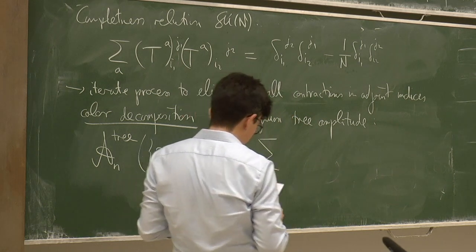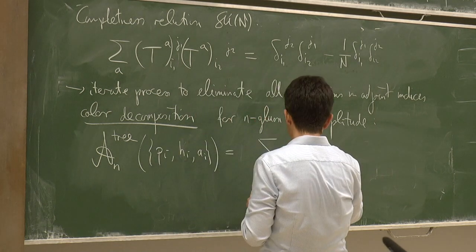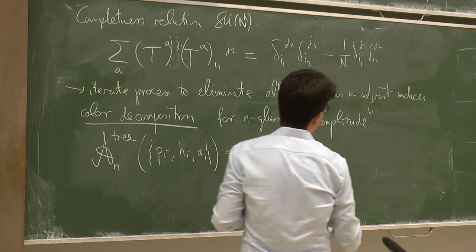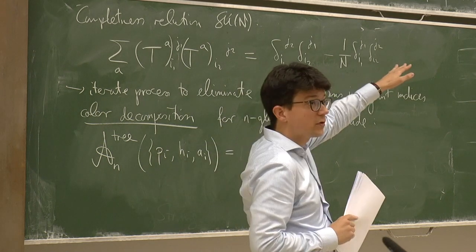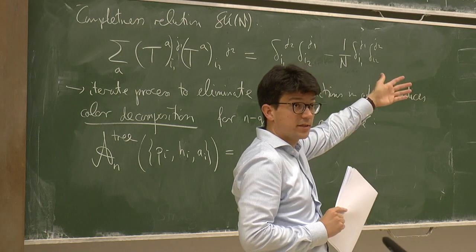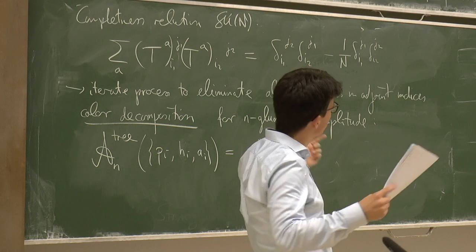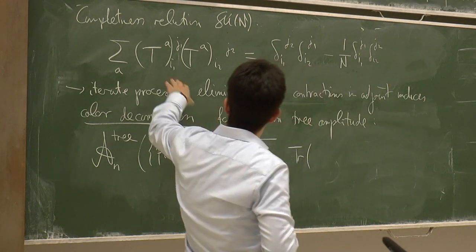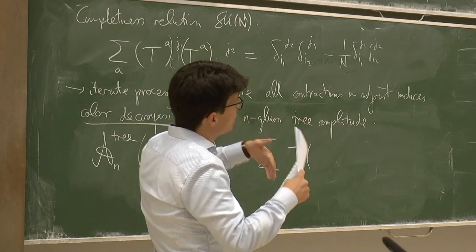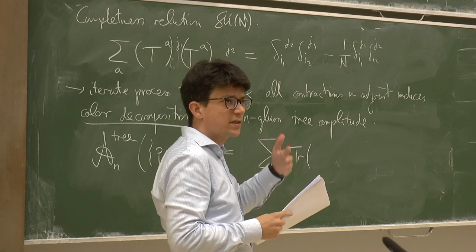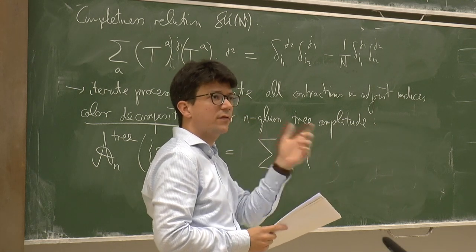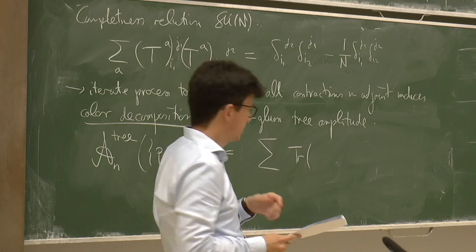So we get a sum. And it turns out that at tree level, after this process, you can only have single traces. So although at intermediate stages you have many traces, thanks to this identity, the traces merge, and you just have single traces, but for different orderings of generators.